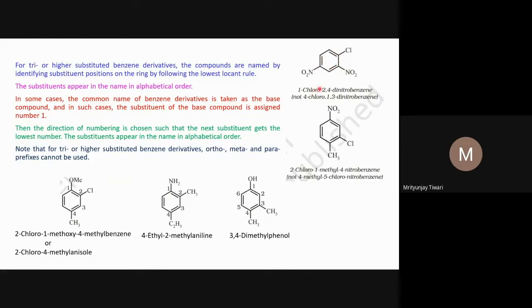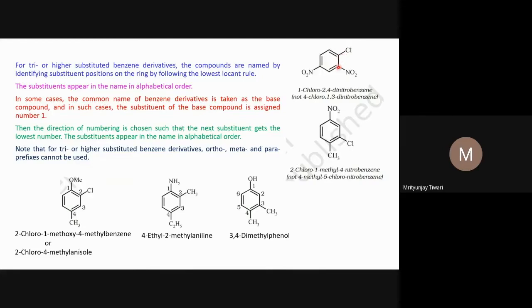If you start numbering from the carbon containing the chlorine atom, 1, 2, 3, 4, and go in the anti-clockwise direction, these substituents get the lowest locants, so this is the preferred way of numbering.